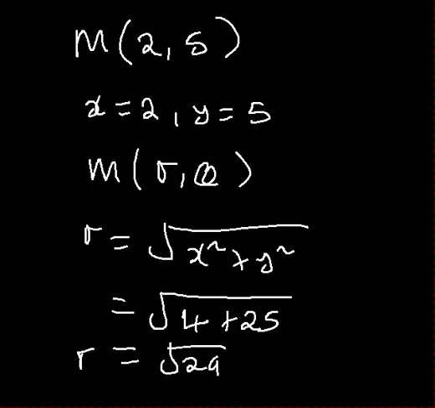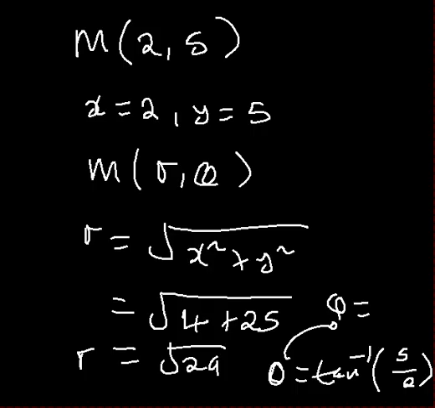And what is that? Angle theta is given as the tan inverse of 5 over 2, and thus we should have it as 68.2 degrees.